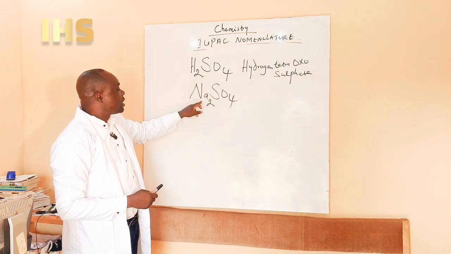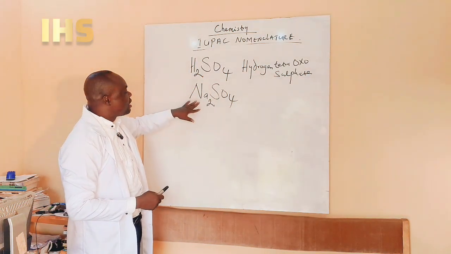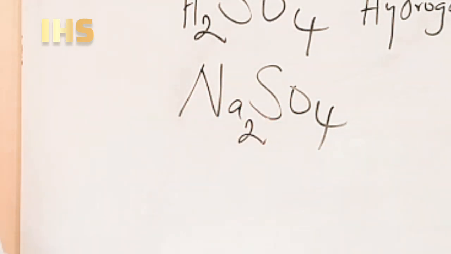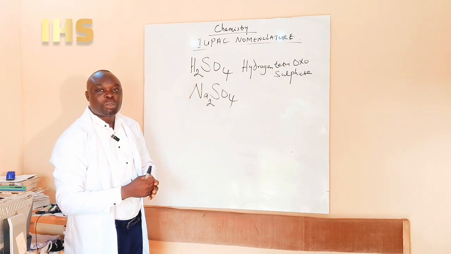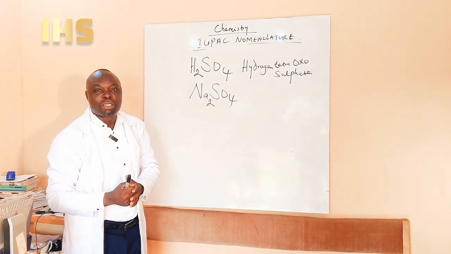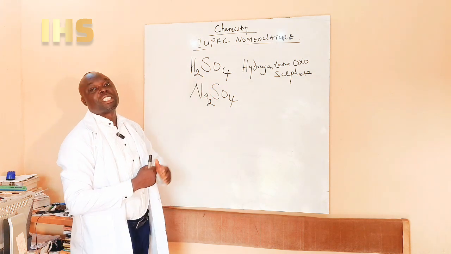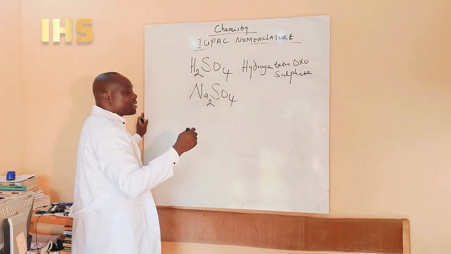So this is called sodium. Because of this, we start from here. You say sodium tetra oxo sulfate. When you talk like this, the person listening knows that what you are saying is a chemical compound containing sodium, sulfur, oxygen.